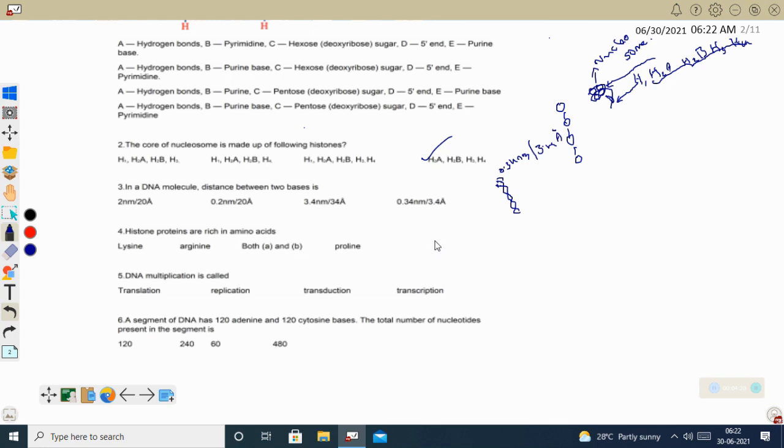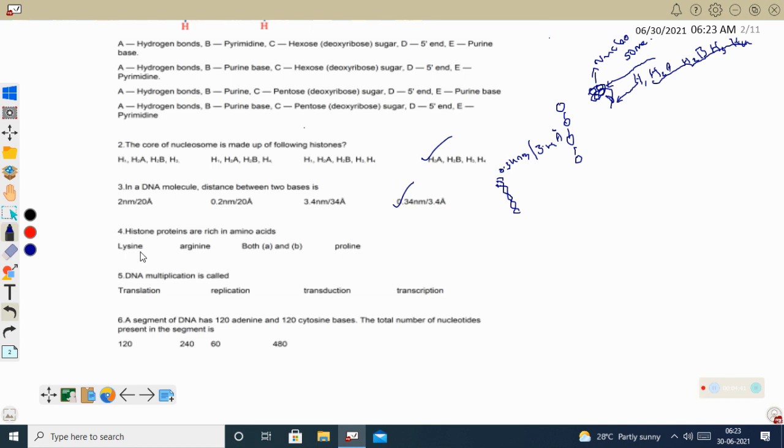This is the distance between two base pairs. Okay, 2 nanometer or 20 angstrom is the diameter between the two DNA strands. So here the correct answer is 0.34 nanometer or 3.4 angstrom.